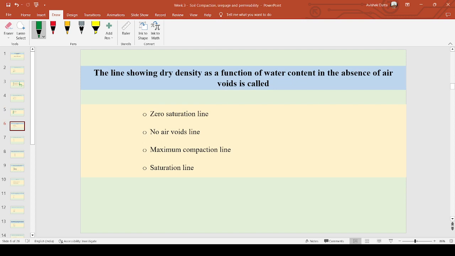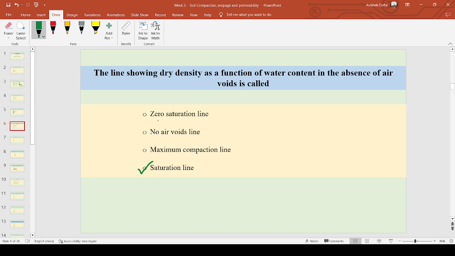The line showing dry density as a function of water content in the absence of air voids is called? Any answer about this? The line showing dry density as a function of water content in the absence of air voids is called the saturation line.